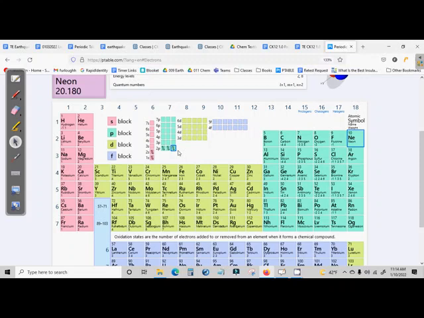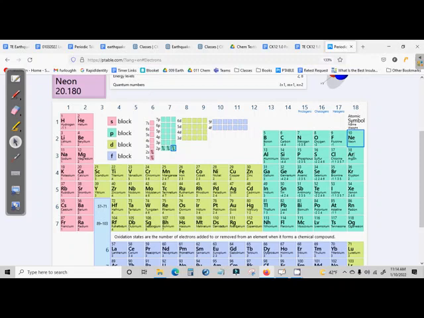Okay? Even if the electron configuration has other stuff in it like D's and F's, the S block and the P block are your valence electrons. It also tells us that every noble gas has a full outer S and P block. So they don't need to gain, lose, or share electrons to have a full outer S and P block.